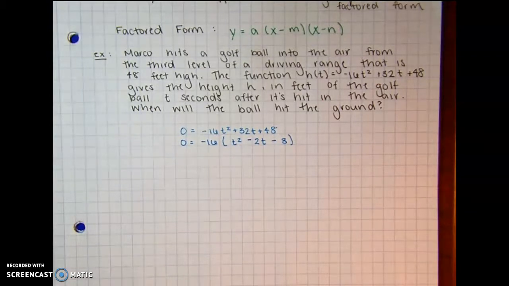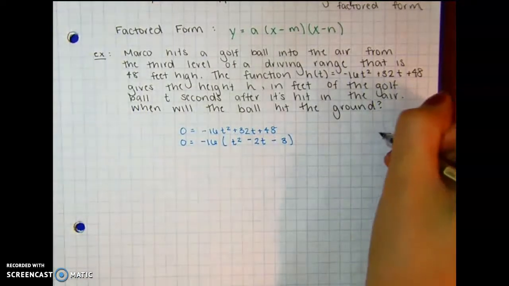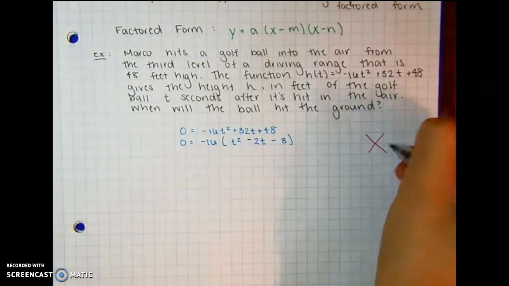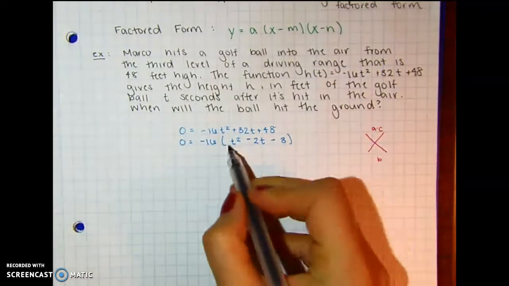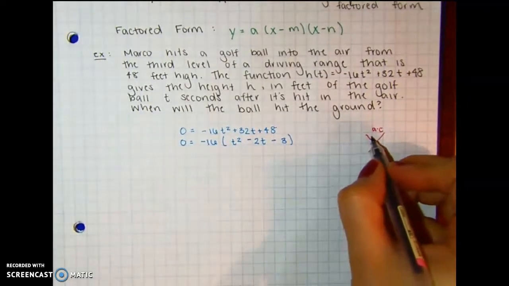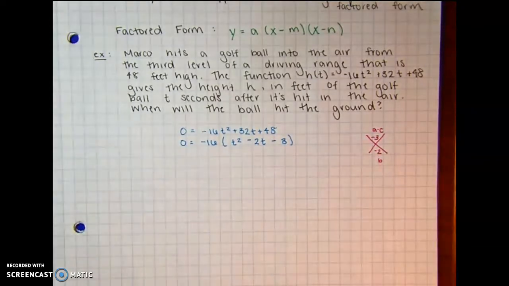So if you like to show scrap work, remember we are going to ask ourselves, what multiplies to a times c and adds to equal b? So a times c is -3, our b value is -2. So what multiplies to -3 and adds to -2?